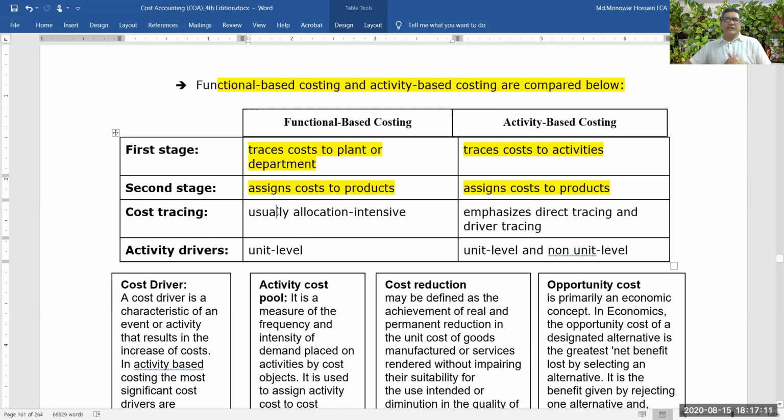Cost tracing is usually allocation under the functional base, and direct tracing and driver tracing under activities. So the activity driver would be unit level under functional costing, and both unit level and non-unit level under activity based costing.